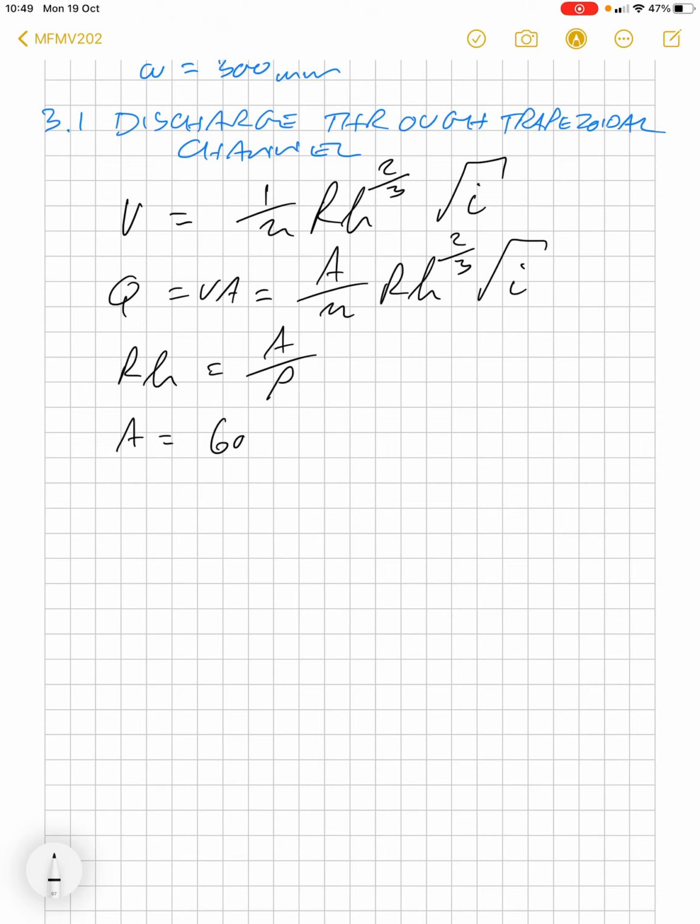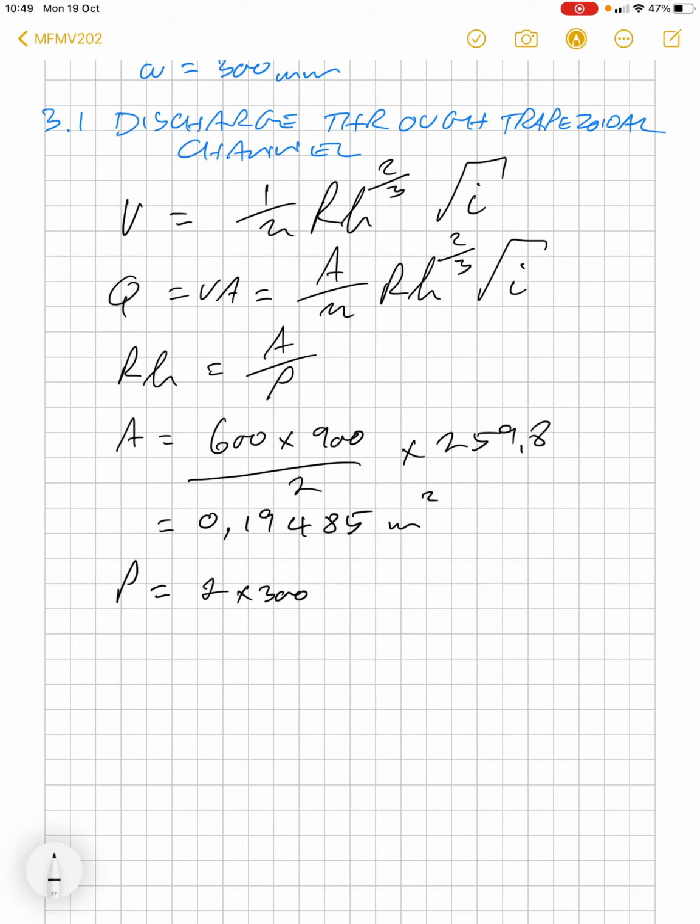Our area is equal to 600 times 900 over 2 times 259.8. Works out to be 0.19485 square meters. Our perimeter, 2 times 300 plus 600 is equal to 1200 millimeters.